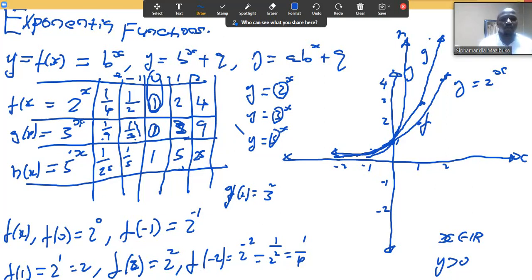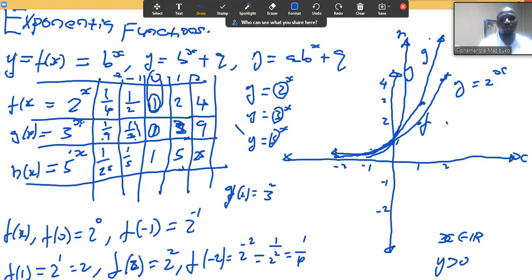If b decreases, the graph becomes wider on this side of the first quadrant. Okay, so I think that was an introduction to the exponential graph, on how we look at it, and how b affects the graph if you increase it, and how it's affected if you decrease it.